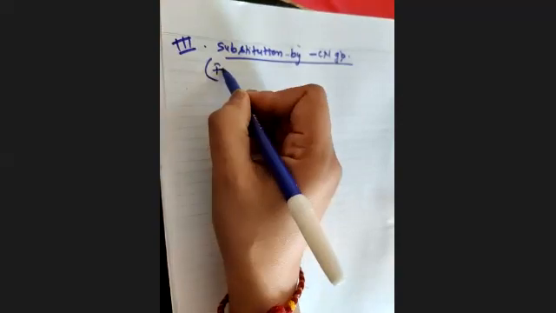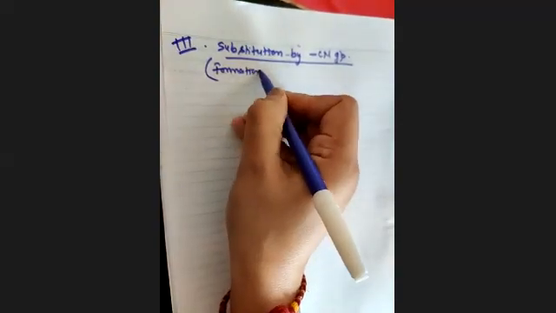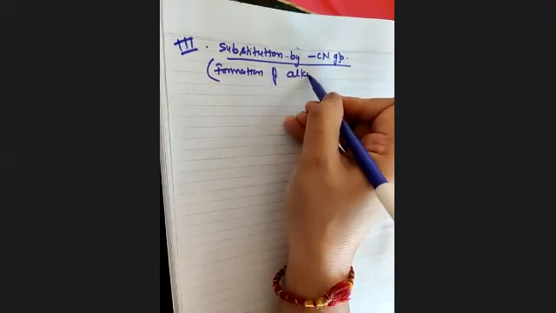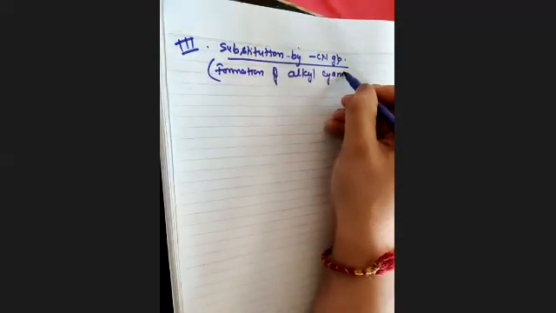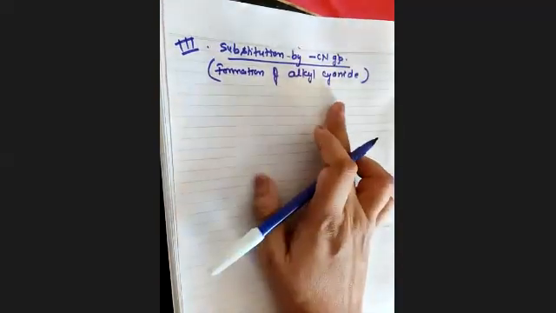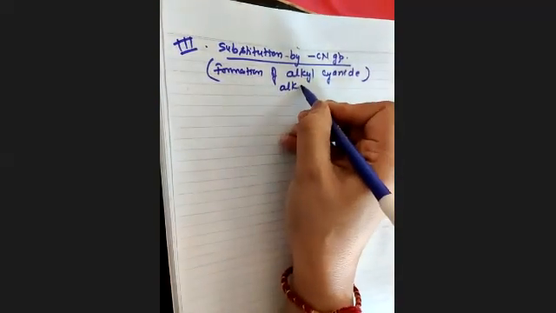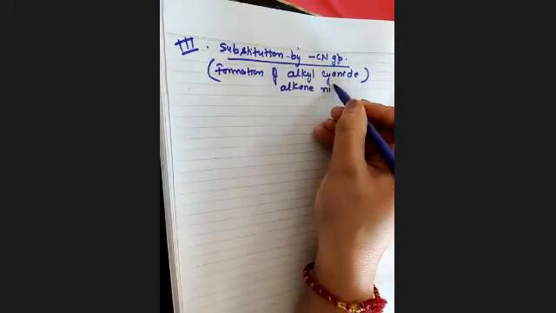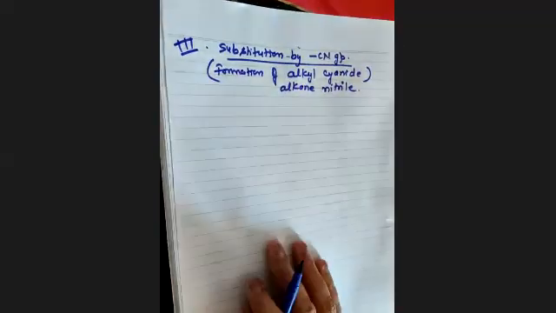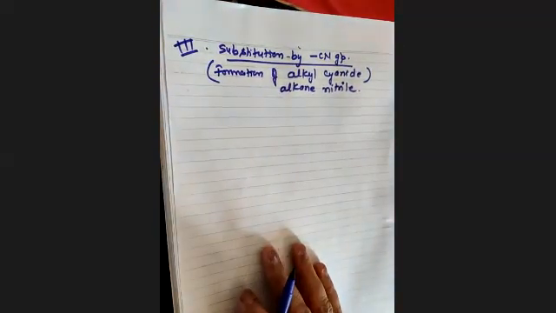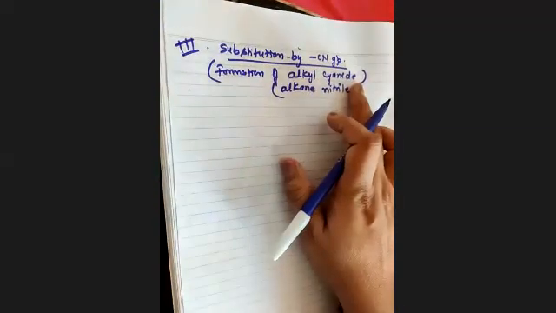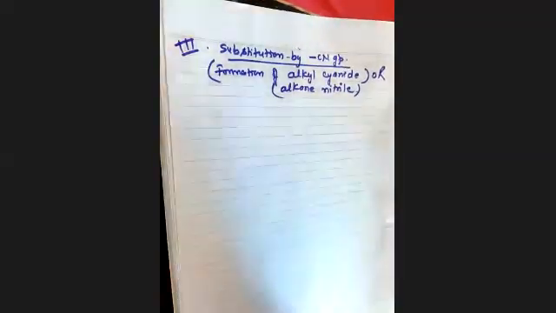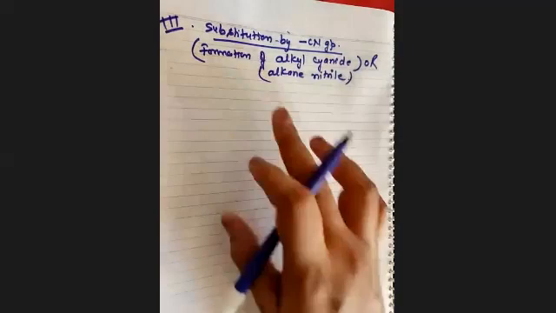Formation of alkyl cyanide takes place, or alkane nitrile, because we write common names also, as well as the IUPAC name. So formation of alkyl cyanide or alkane nitrile. The other name of alkyl cyanide according to IUPAC is alkane nitrile.